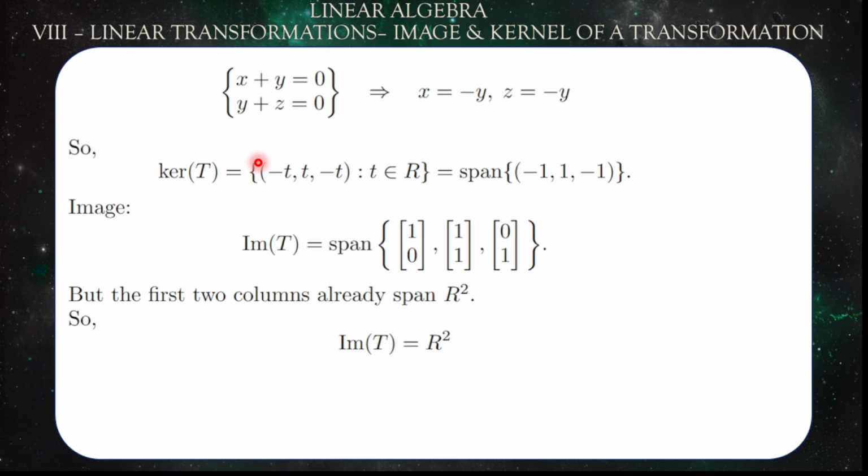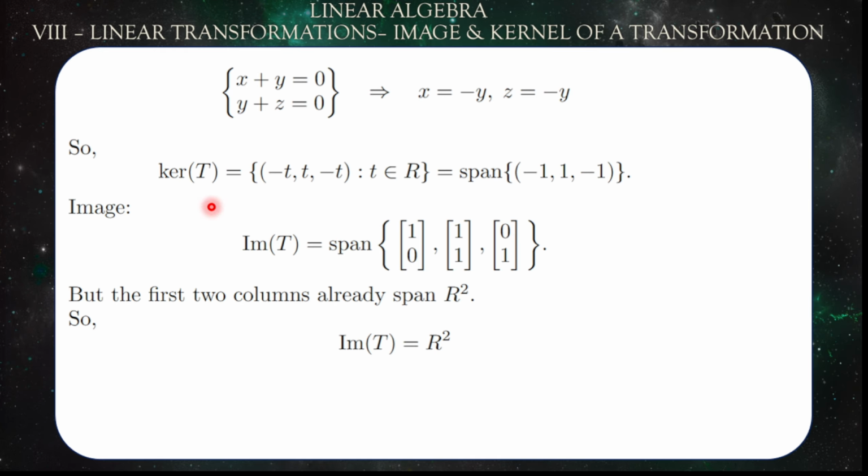So X, Y, Z becomes, for X, you replace it by minus Y, which is minus T. For Y, it is T already. And for Z, which is equal to minus Y, it's replaced by minus T. And we let T be 1. So ker T is equal to the span of minus 1, 1, minus 1. The dimension of ker T is equal to 1.